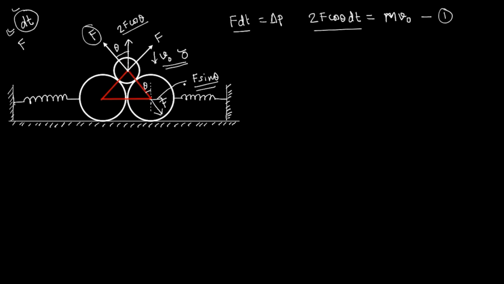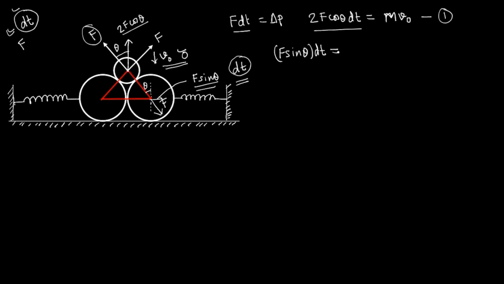And it happened for a very short interval of time dt. In this dt, the spring would not have been compressed by a considerable amount, so we neglect any force by the spring during the time dt. So let us consider the impact of this F sin theta only. So F sin theta times dt is the horizontal impulse given to the ball by this ball.